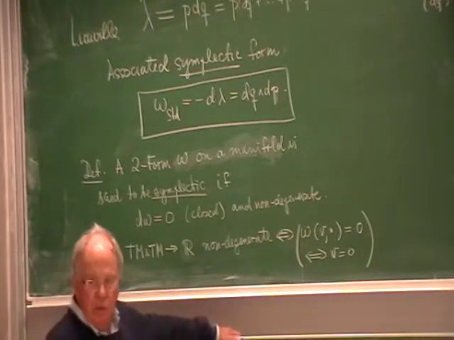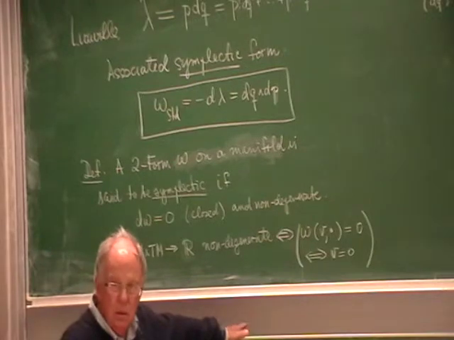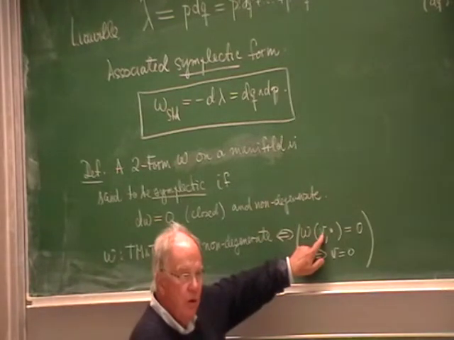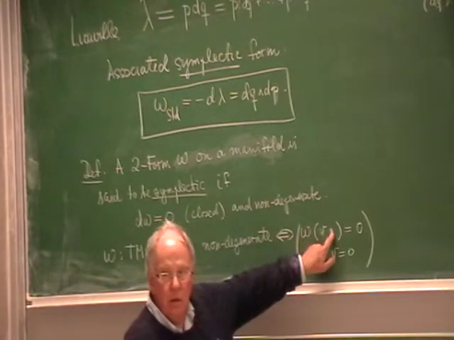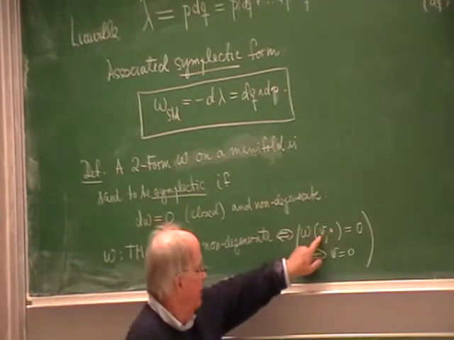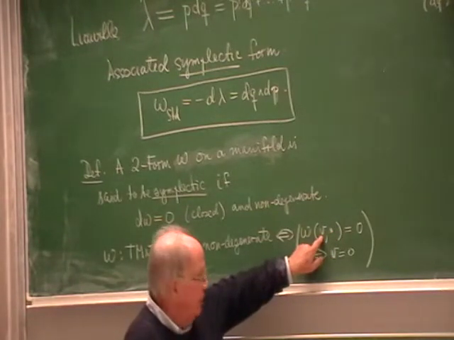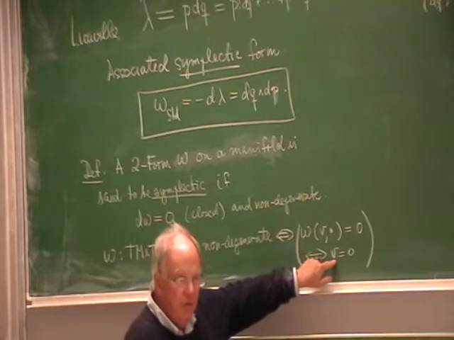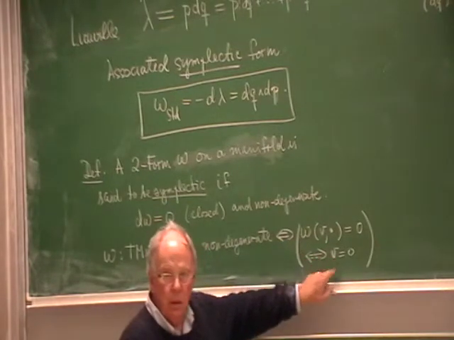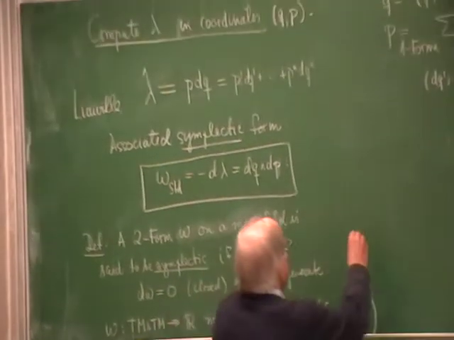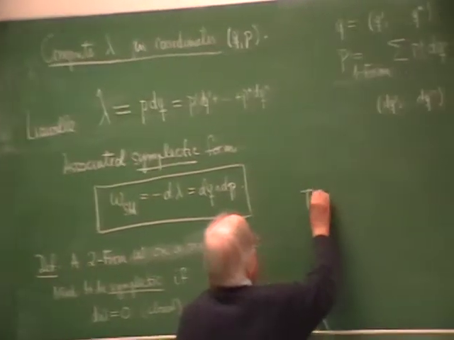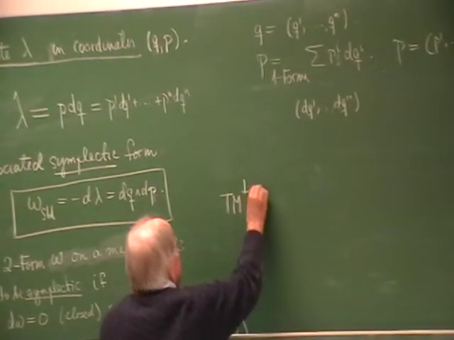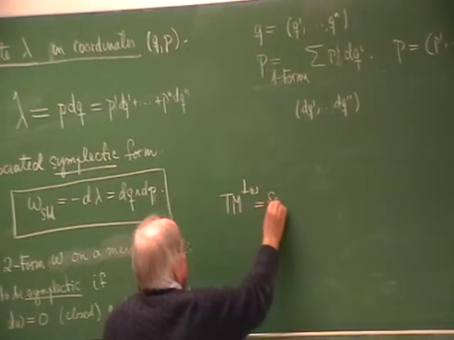So you have experience with bilinear forms. You put a vector in the first argument, you get a linear function. If this is 0 as a linear function, the only way that can happen is if v is 0. Okay? I like to write T_m perp with respect to omega is 0.